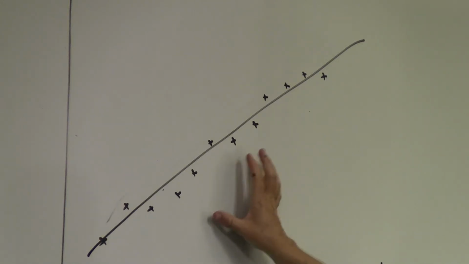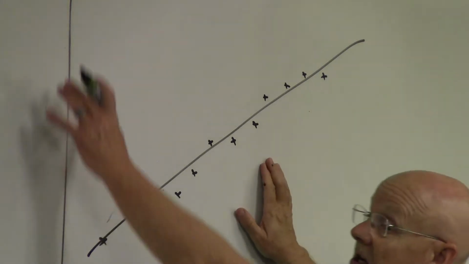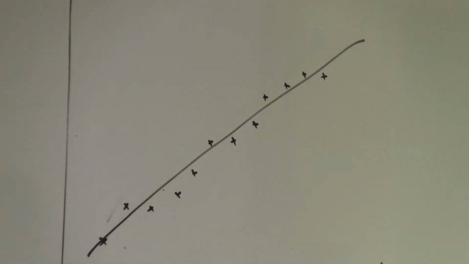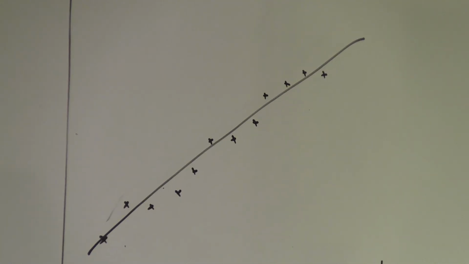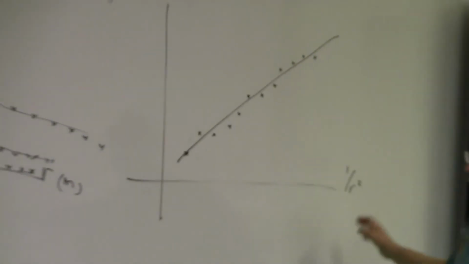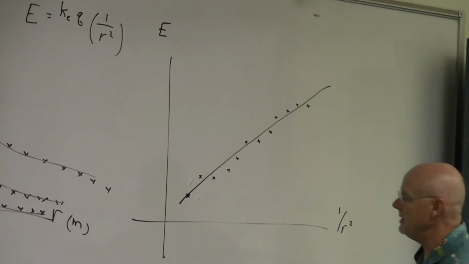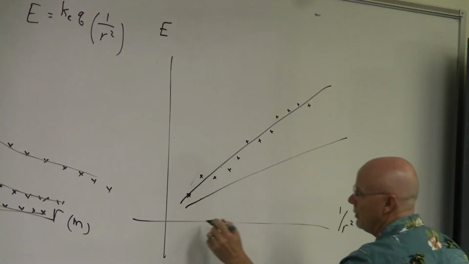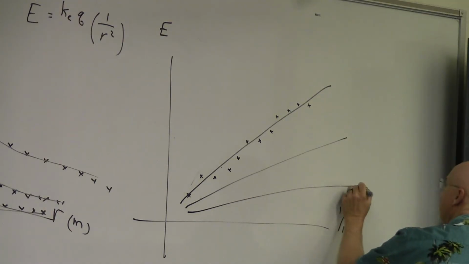This is saying every time you see a straight line, this axis, electric field, straight line, is proportional to 1 over r squared. So that's our proof, if you will. That's what we will hopefully see. And of course, then your second piece of data will hopefully look like this, and your third one will hopefully look like this.